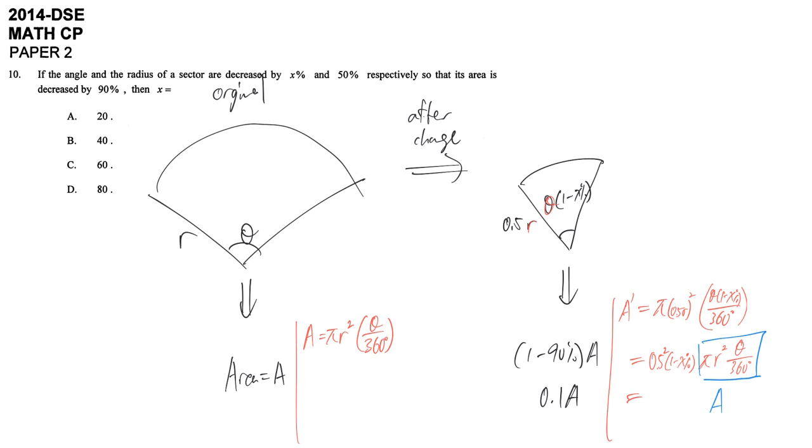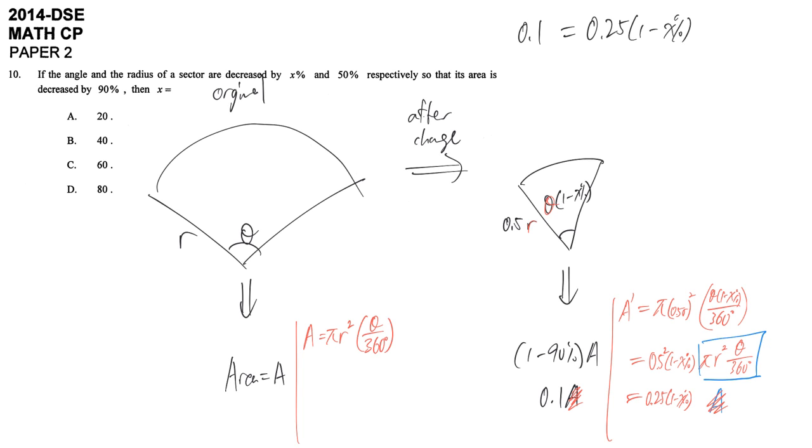And then we follow our calculation. This is 0.25 times 1 minus x%. And if we compare, they tell us the final result is 0.1A. At the same time, if we use x% to express it, it is this times A. So the original area is totally not important. We divide both sides by A, and then we get this equation. Copy again: 0.1 on one side, and on the other hand 0.25 times 1 minus x%.